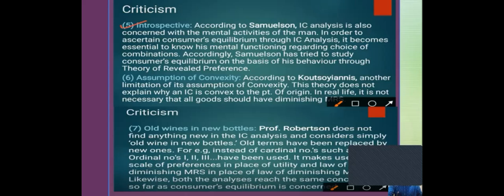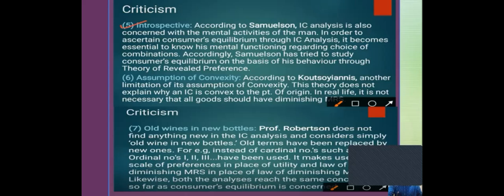Here you are just expressing your preference by ordinal numbers. 1, 2, 3 have been used. It makes use of a scale of preference in place of utility, and the law of diminishing marginal rate of substitution in place of the law of diminishing marginal utility.